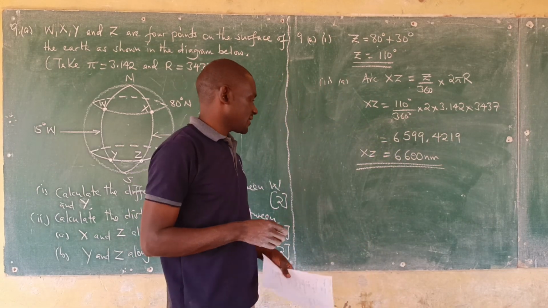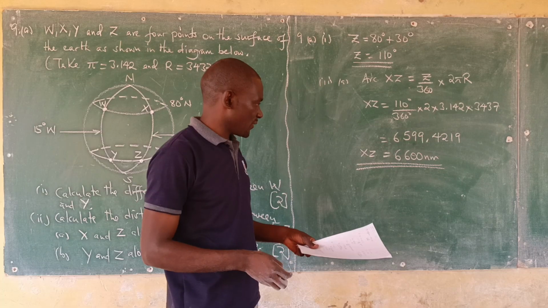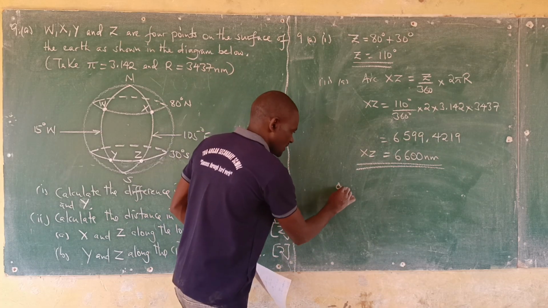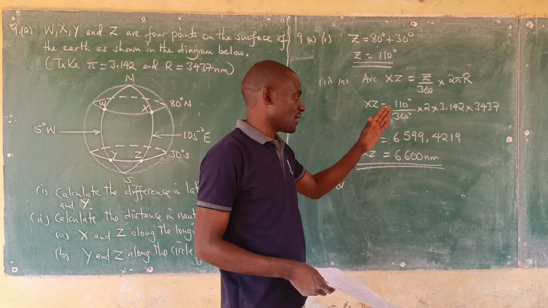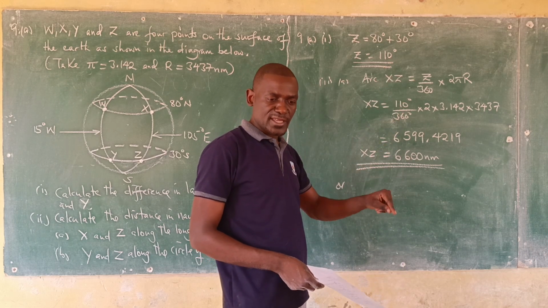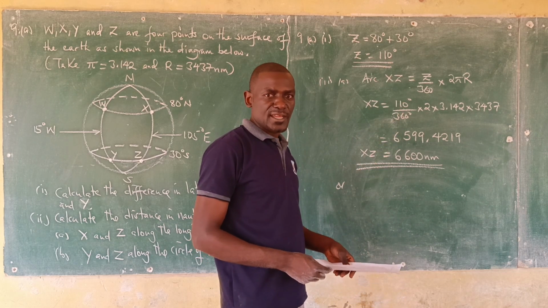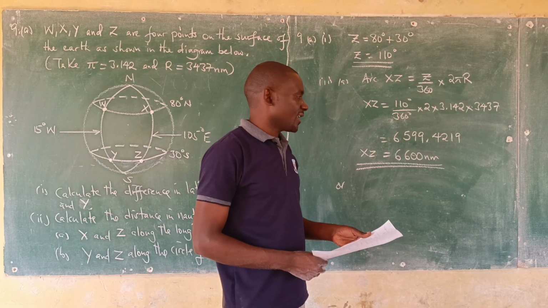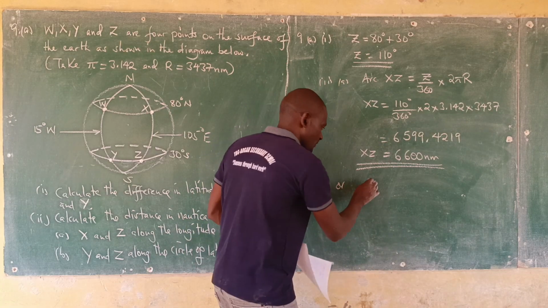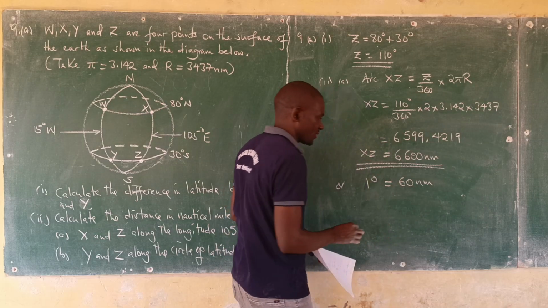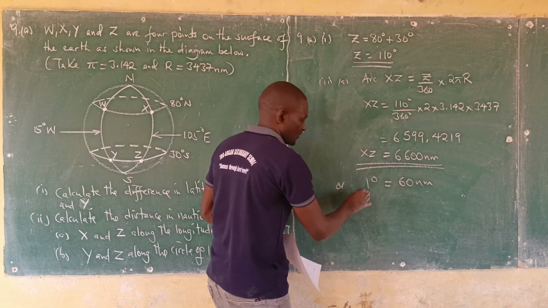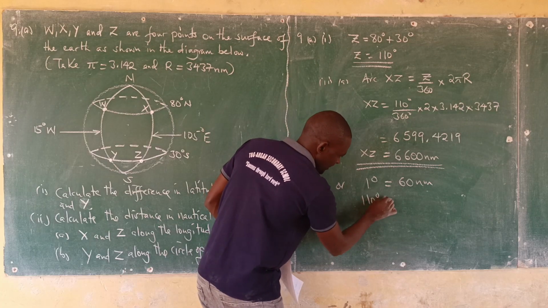But remember, there is also that simple formula that can be used, where we say if the two conditions are satisfied, number 1, distance along a great circle or a longitude, and then the second condition, it has to be in nautical miles. Then you can simply say 1 degree is equal to 60 nautical miles, and then we are talking about 110 degrees.